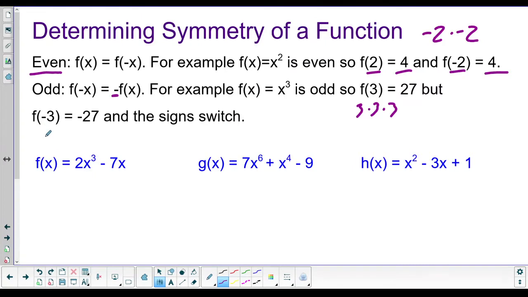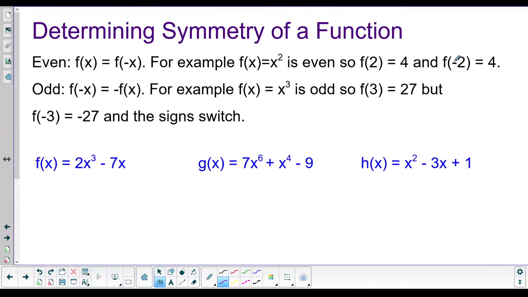But if we plug in negative 3, negative 3 times negative 3 times negative 3 is negative 27, because these two negatives cancel and we still have one left over. So if you plug in the opposite sign input, you get the same output but the opposite sign. And that's what it means to be odd.